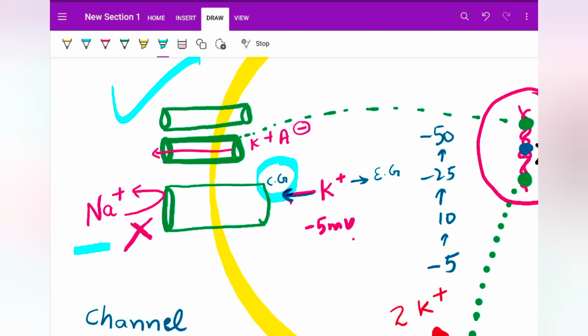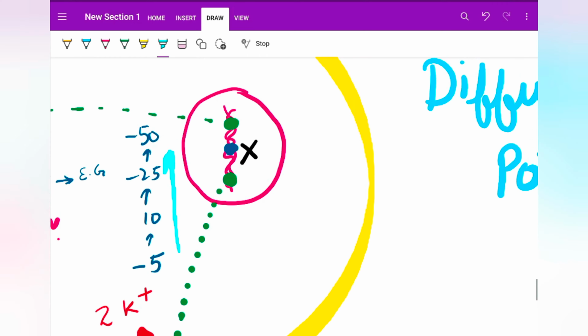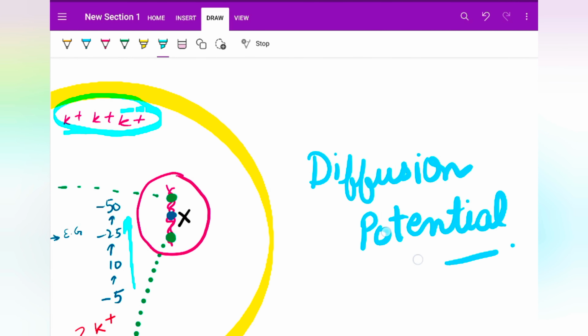Now see, as potassium is diffusing outward along the concentration gradient, the interior of the cell is becoming more and more electronegative. So due to diffusion of potassium out, the membrane is developing an electrical potential, and this electrical potential which is developing due to diffusion of potassium is called potassium diffusion potential. All right.